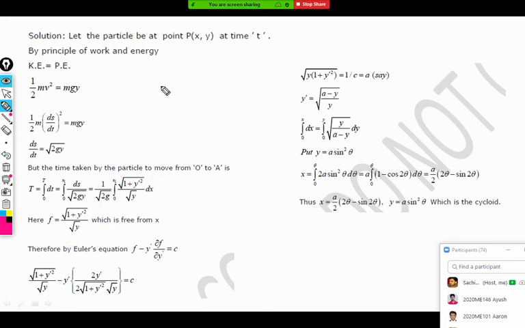Okay, cycloid is a curve like this. Suppose you have some base, and on this base some circle is there. Now if you fix one of the points of that circle and rotate this circle in this direction, dragging it along, and if you keep a pen on that point, by the rotation you may get a curve like this.